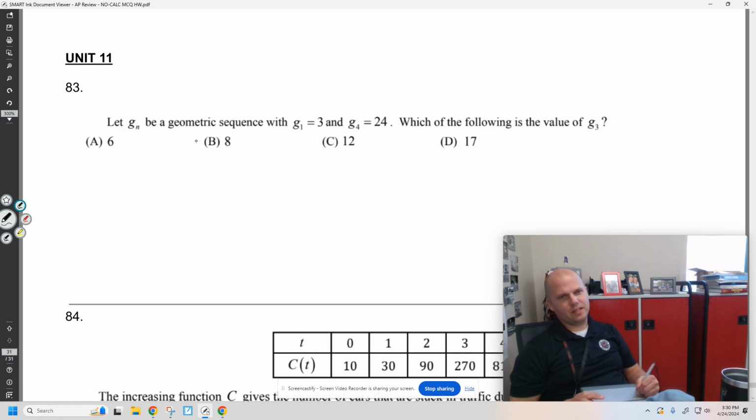We didn't really talk about this, but it's important. Geometric sequences are exponential. Arithmetic sequences are linear.